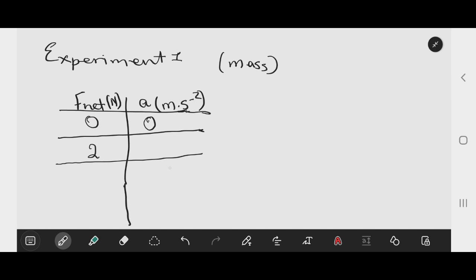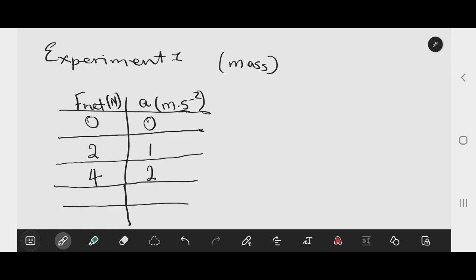since the two are directly proportional, we expect that the acceleration also increases. So let's say if we apply a net force of 2 newtons, we obtain an acceleration of 1 meter per second squared. Then we increase the net force to 4 newtons, and we obtain that the acceleration now is 2 meters per second squared.